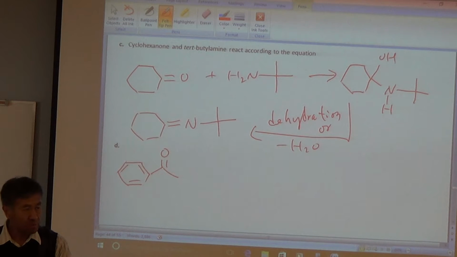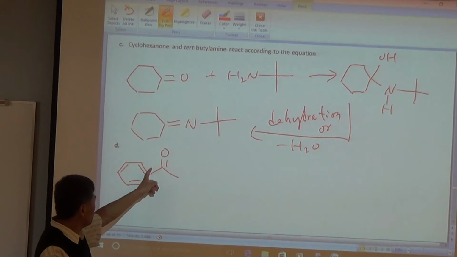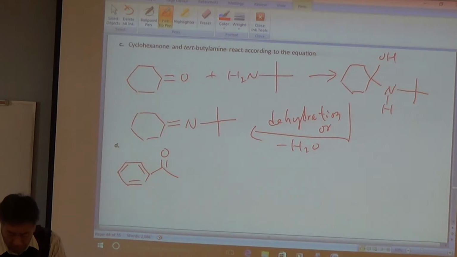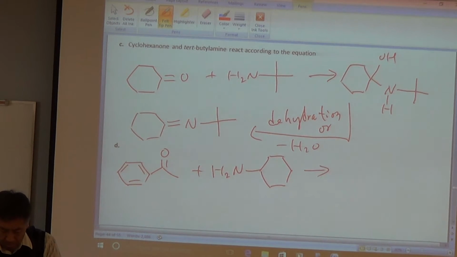So you have a methyl, a phenyl, methyl phenyl ketone, acetophenone. Now plus a primary amine that is required. You have H2N, the primary amine this time going into a cyclohexyl. What it produces is first the hemiaminol.